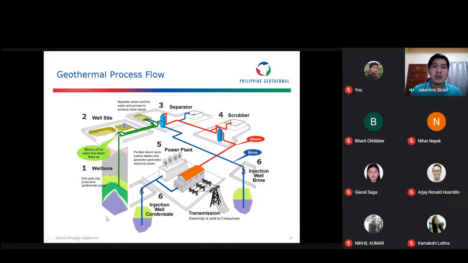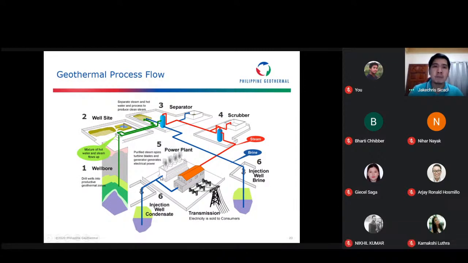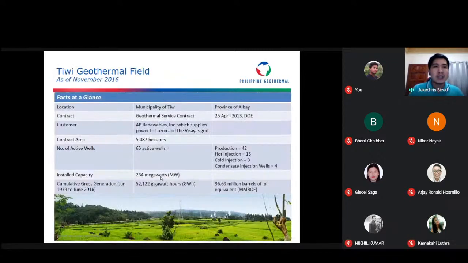So what we get from the reservoir, we inject back again for further reheating and further utilization in the overall process.